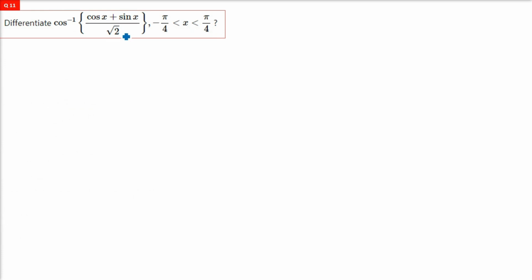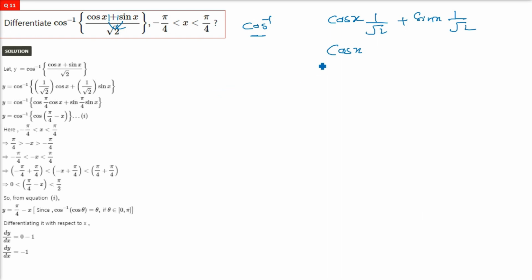Same thing here. Exactly the same thing. So you have to write cos inverse, and this is cos x and sin x, and whichever formula you know, but that formula should be cos something, because ultimately you have to cancel this cos inverse and cos. So whatever you do, first thing is that 1 by root 2, you have to write something.